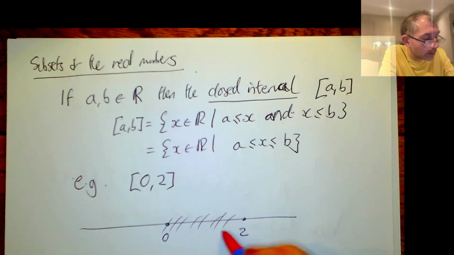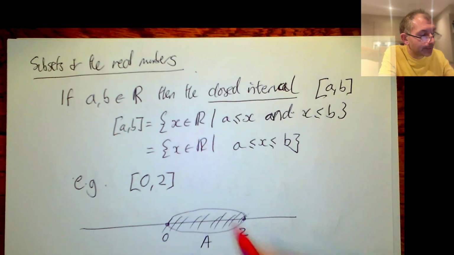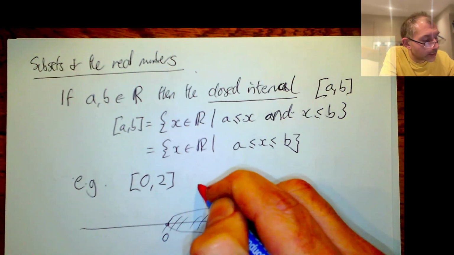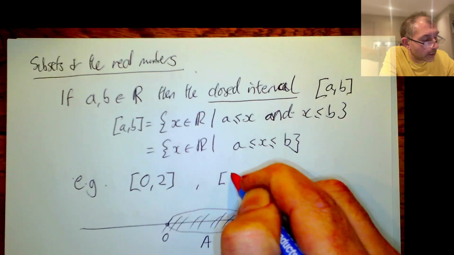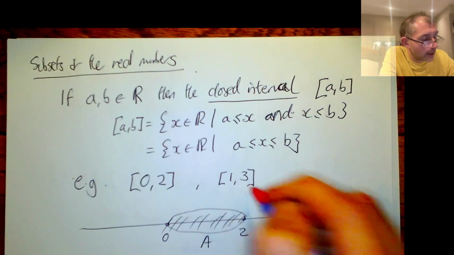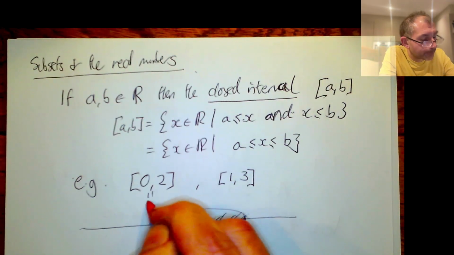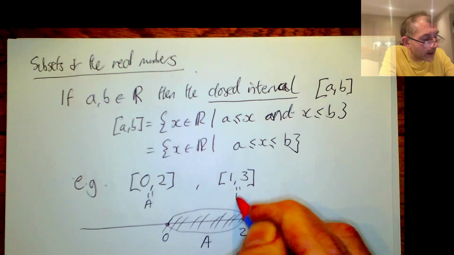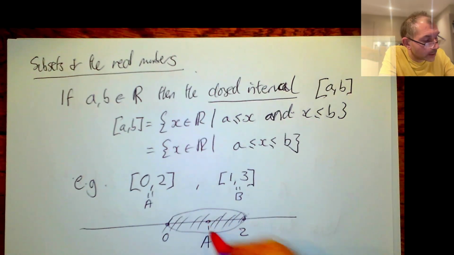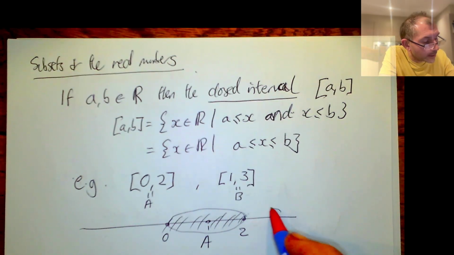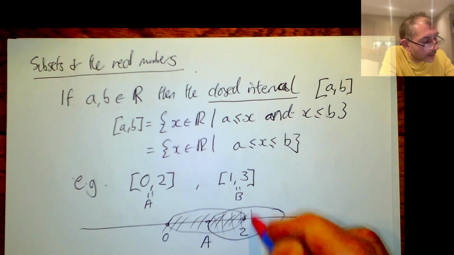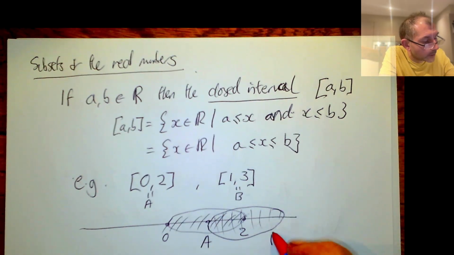That could be my set A. And we take the numbers in the interval [1, 3], and that can be my set B. So there's a 1 in there, and I'll go in the other direction for that. So this is B.